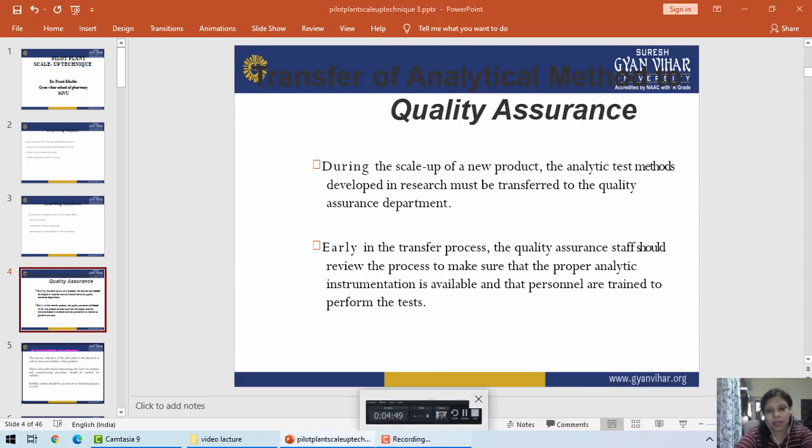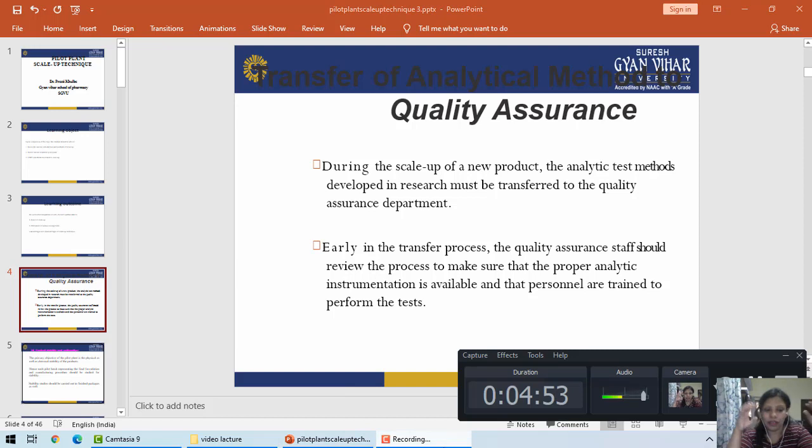So that means if we transfer the analytical method earlier, it will be easy for the manufacturing company to evaluate the analytical method, as well as they can train their personnel to perform that test.